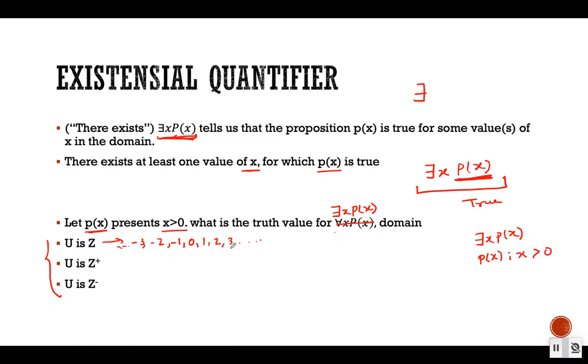So from that list of values, if we find one value of x for which our p of x is true, that means this statement is true. You do not need to test all of them. If I just use this value, p of 1 is true. p of 2 is also true, 3 is also true, but here we found one value for which our predicate is true. So we can say that for this domain our statement is true.